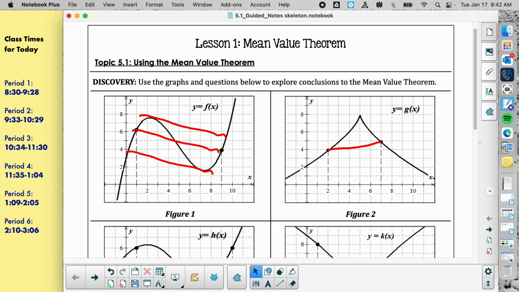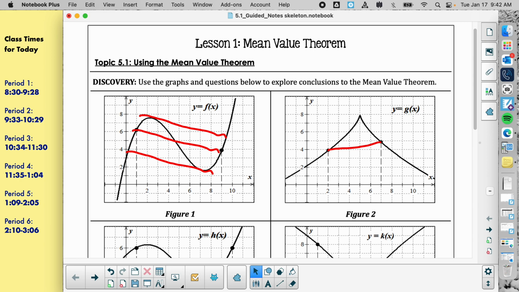It would have to be between the 2 points you just drew, though. I would agree. I kind of already gave away the answer when I said it. When I said continuous and differentiable.